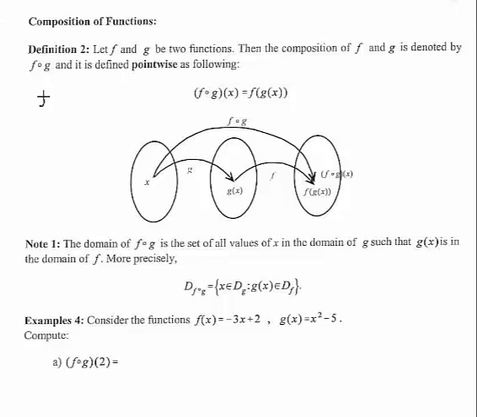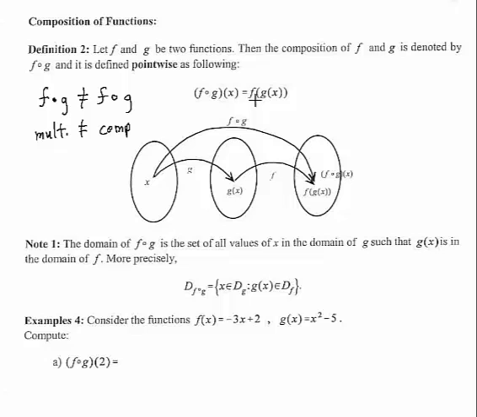Okay, please note that f with a solid dot g is not equal to f with an open dot g. This open dot is reserved for the composition of the two functions. This solid dot symbolizes multiplication. So multiplication is not the same as composition.